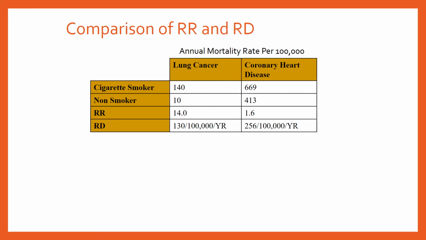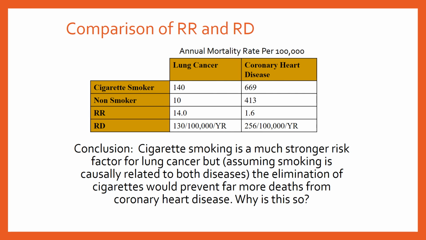I think the answer is how common these conditions are. So look at the incidence. Smokers, 140 smokers per 100,000 got lung cancer, and 669 got coronary heart disease. 10 non-smokers got lung cancer, and 413 got coronary heart disease.